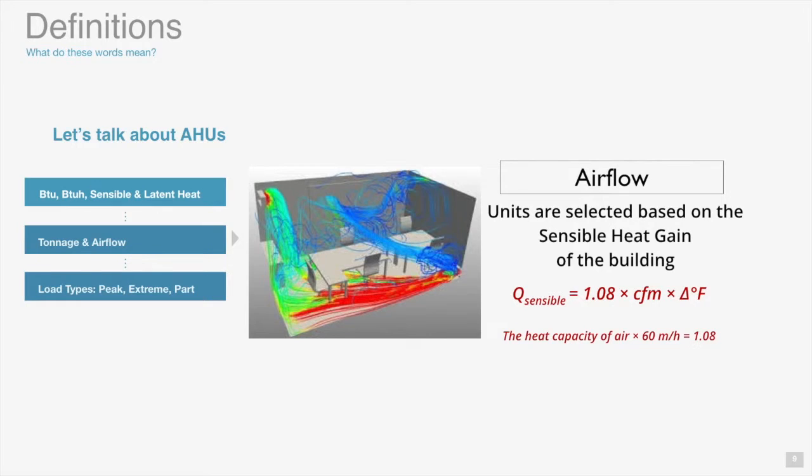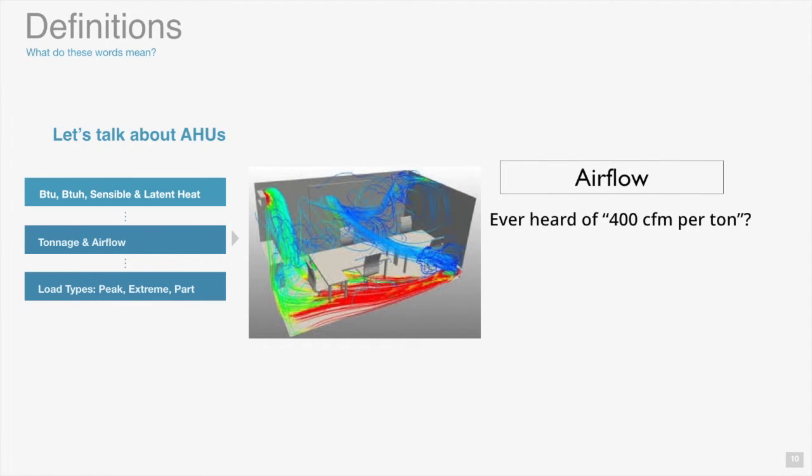So the number 1.08 comes from the heat capacity of air times 60 minutes per hour. And if you've ever heard of the typical rule of thumb, 400 CFM per ton, you can look back to this formula and see where it came from and why it exists.